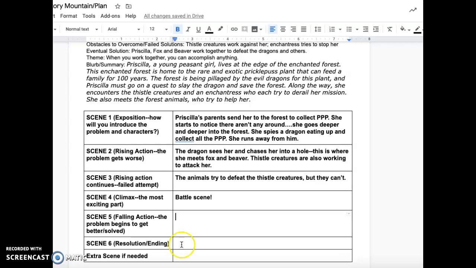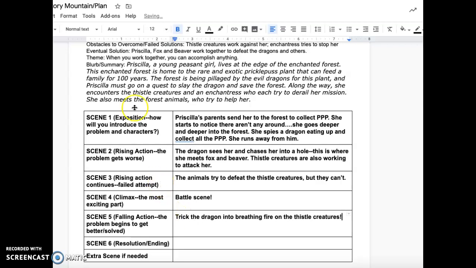I was thinking about it when I was thinking that the dragon was eating up and collecting the Pricklepus plants, is that his mouth is full. And I thought, and he can't breathe fire. So then I was thinking again about fire-breathing dragons and maybe how they trick the dragon into breathing fire on the thistle creatures, right?